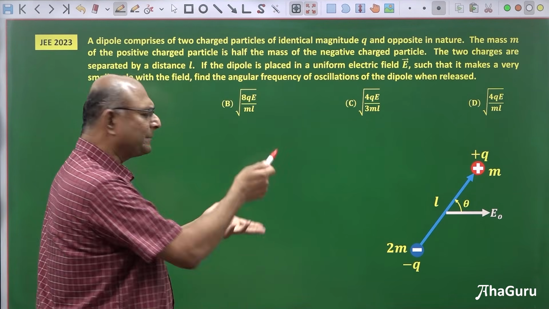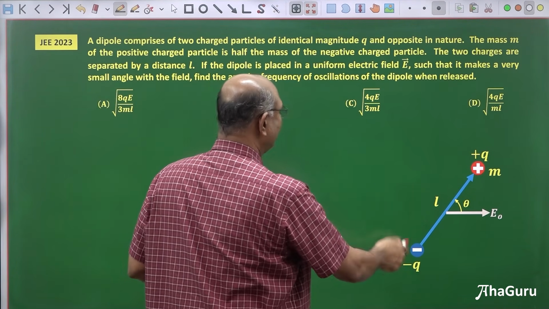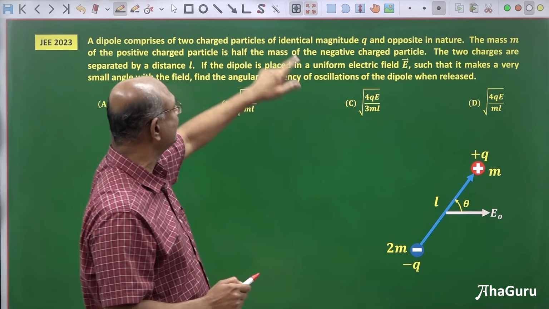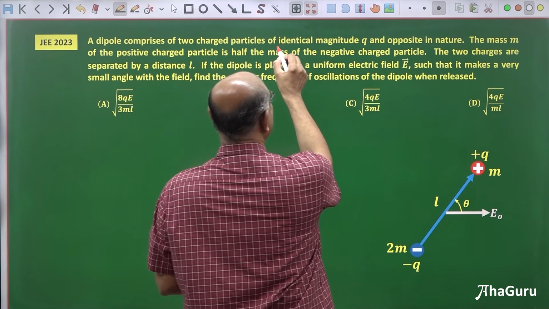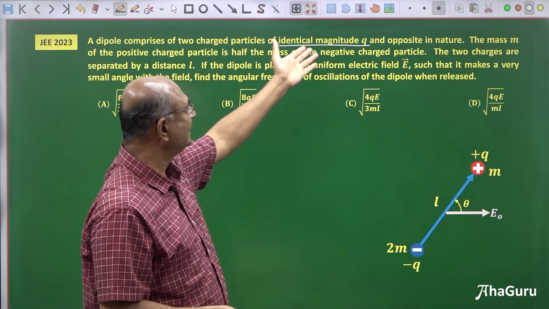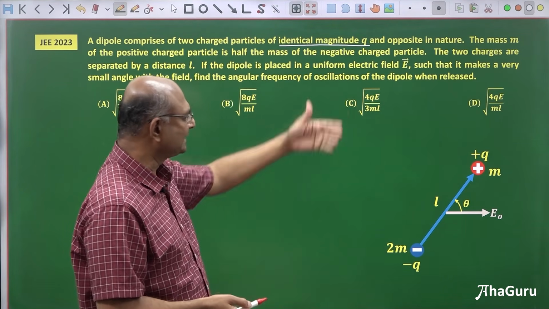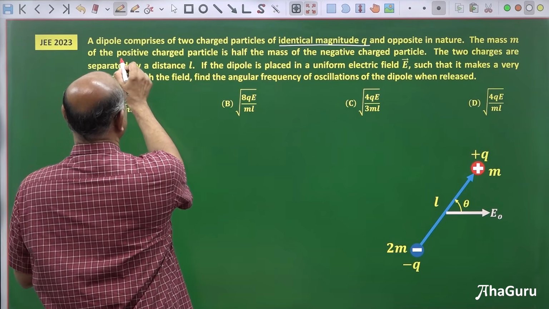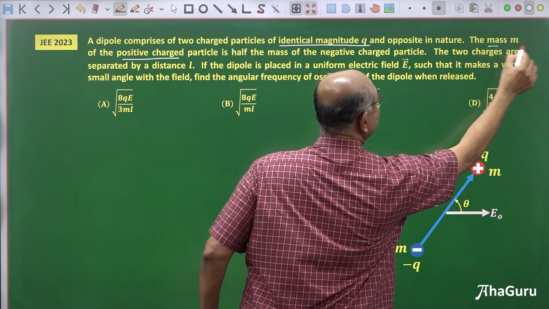Okay. What is the big difference here? Here also you have this dipole. A dipole comprises of two charged particles of identical magnitude Q. The charges are plus Q minus Q. Identical magnitude, opposite in nature, basically plus Q minus Q. The mass M of the positive charged particle. Notice, read this carefully.